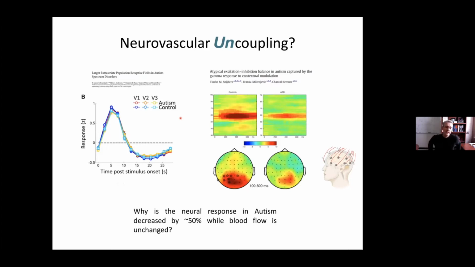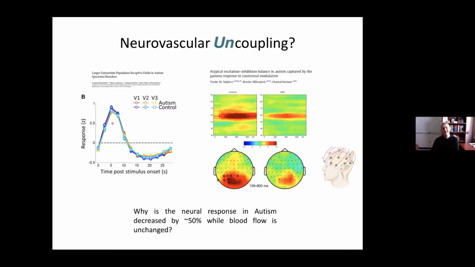If we take the case of autism, one thing we've seen over the past 15 years is that when we record blood flow responses in autistic adolescents, the response to stimulation, say visual stimulus, is not that different than non-autistic adolescents. So fMRI or blood flow is not a great tool to differentiate these two cohorts.